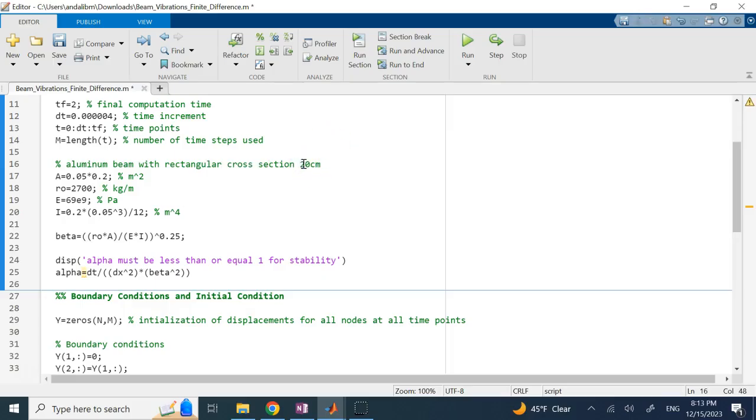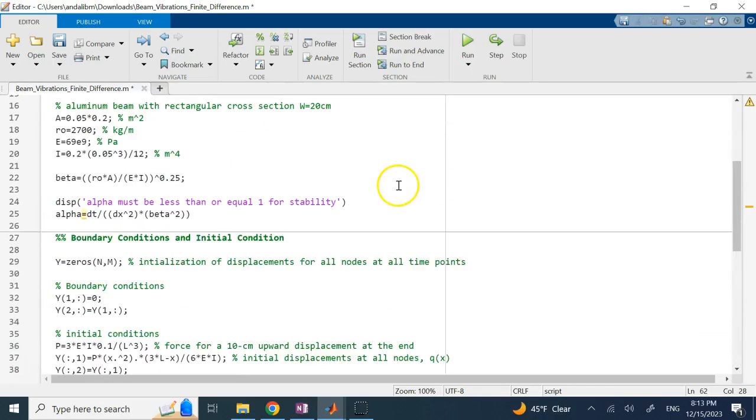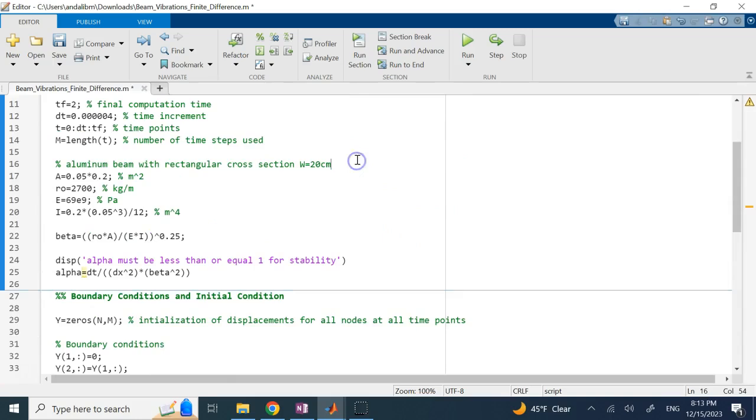So maybe I have to say W equals that, and then H equals 5 centimeters. That helps you when I calculated this I with basically BH cubed over 12. That's the cross section, and A is just W times H.